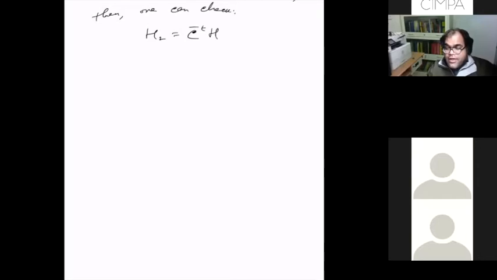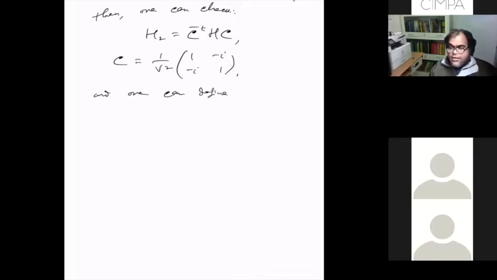So C bar H C, where C is precisely this matrix. Okay. And one can define V plus, V minus, V naught with respect to H2.